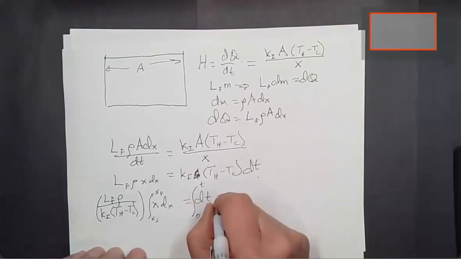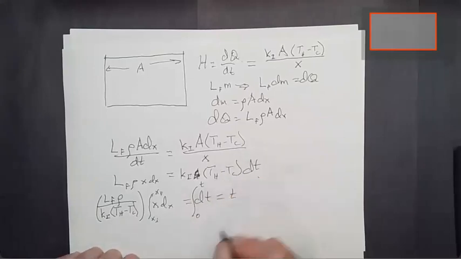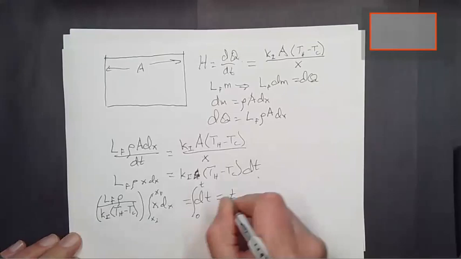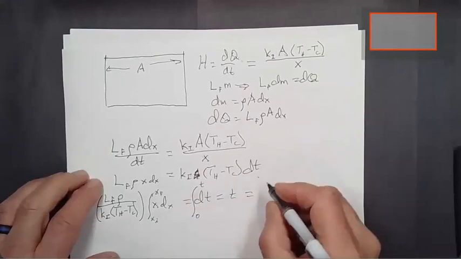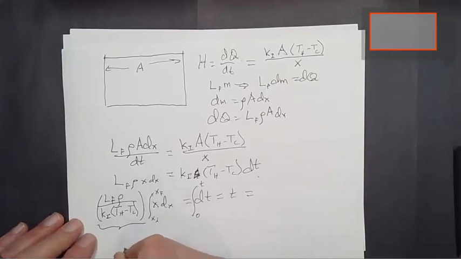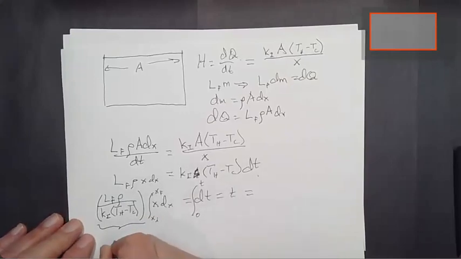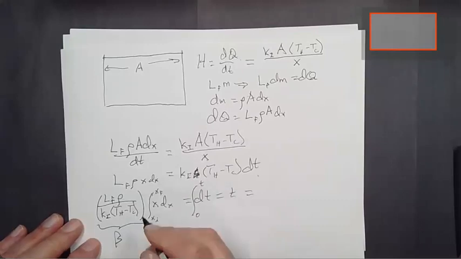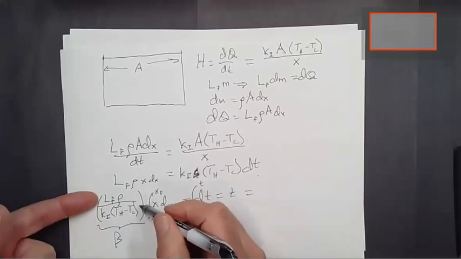The right side is easy to integrate. It's going to be t. The left side is going to be those constants, and I'm just going to call these, I don't know, use some favorite Greek letter for them, beta. All of these things together are beta.